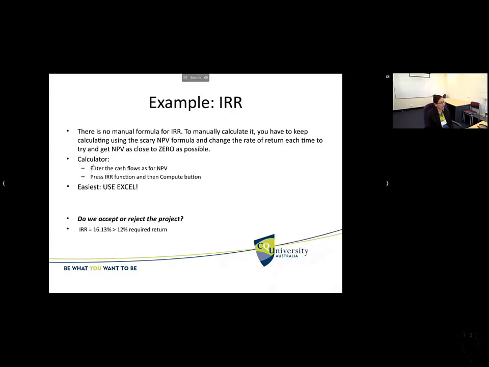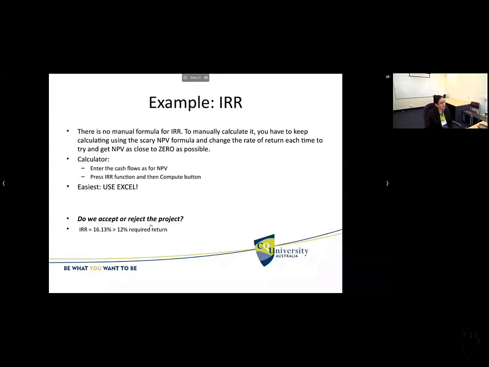So you can also calculate internal rate of return using a financial calculator. But the easiest way to do it, because most of us have Excel, is just to use Excel, okay? So in Excel, there's an actual formula that you use to calculate internal rate of return. It equals IRR, open bracket, fill in your inputs, close bracket, hit enter. And I show you how to do this in Excel in the video presentations on Moodle using your forecasted cash flows that you create for your capital investment scenario, okay?